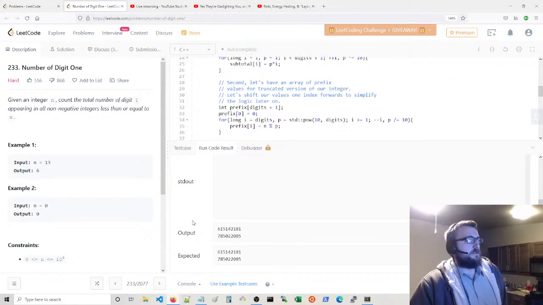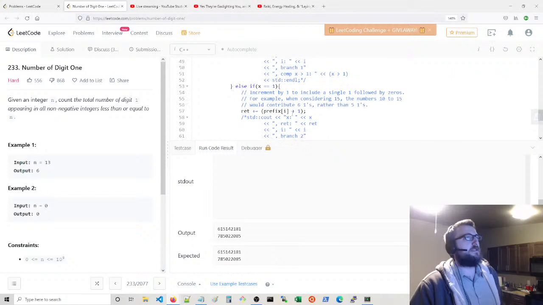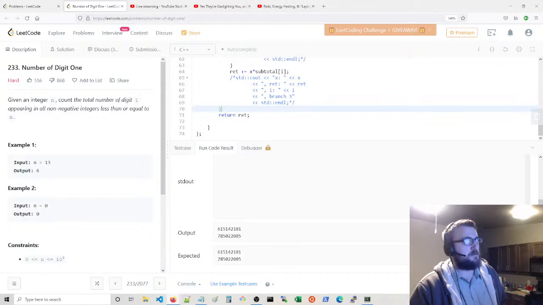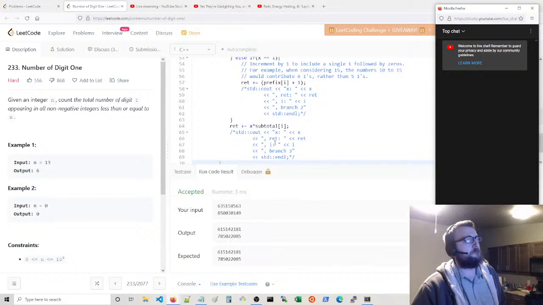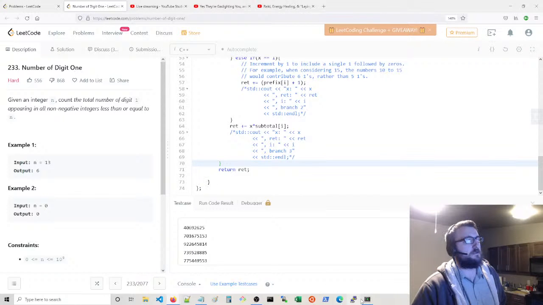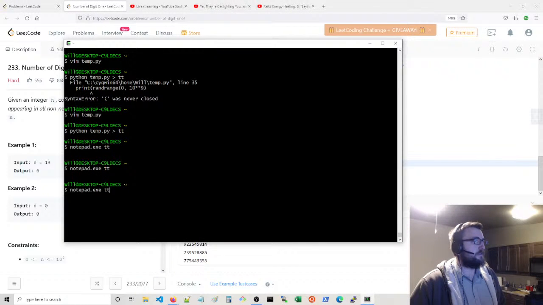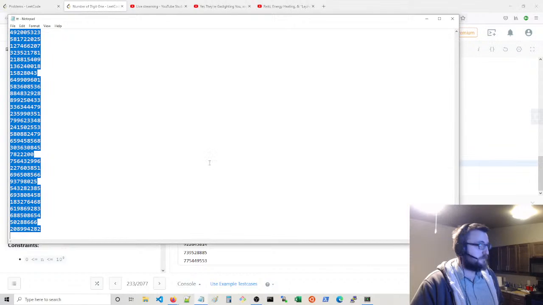Oh, looks correct, and we forgot to remove that one piece of debug code. Nice. Let's go for another 1,000 numbers. I think we got it.